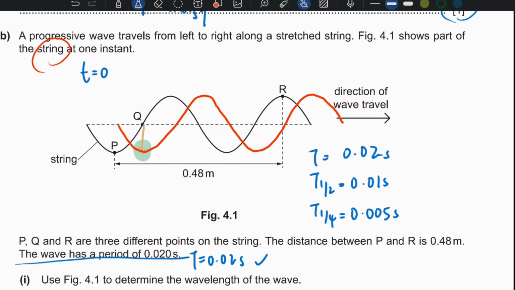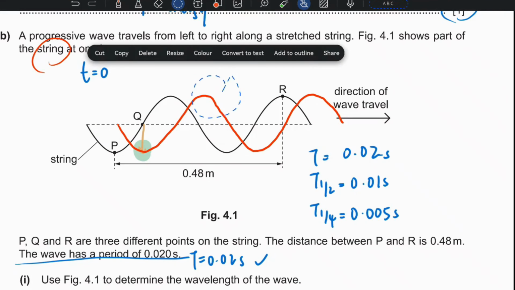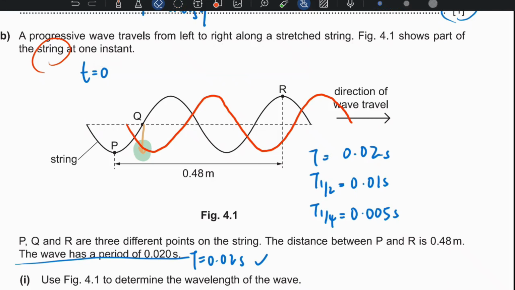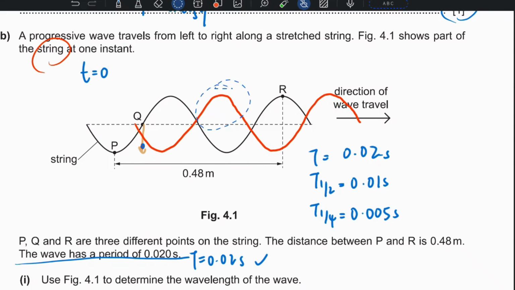Now, what happens as it moves towards 0.01 seconds? Your wave is going to move to the right. Realize what happened to the position of Q? It's going up. Here. Now let me move it again. It's going up back.